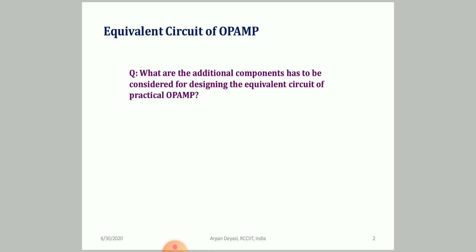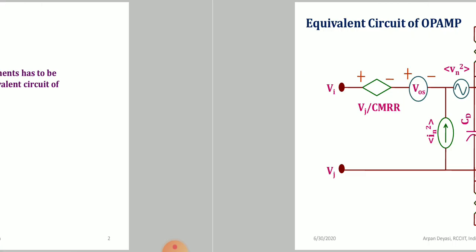If we want to go for that part, then the characteristics and the equivalent circuit of the op-amp are much more in requirement, so I should go for that. I am showing you the actual equivalent circuit of the op-amp.